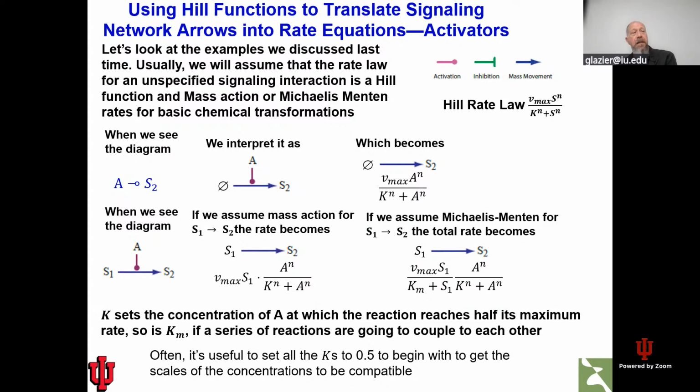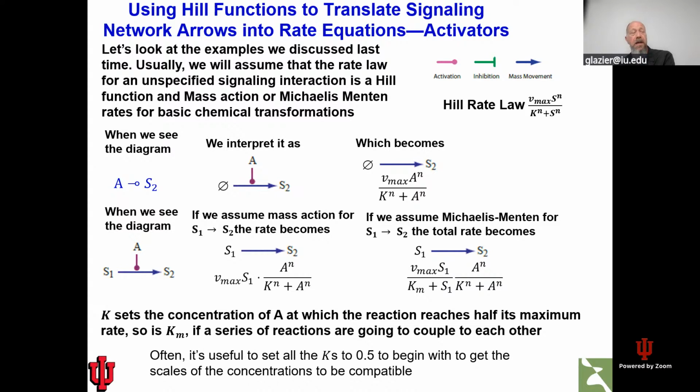If we use K to the n equal to a half, then if A is less than a half, we basically don't get any reaction. If A is bigger than a half, we get a reaction. And suppose Vmax was always set to 1. Then A to the n over K to the n plus A to the n is a number always between 0 and 1. And it will have a value of a half when K to the n is equal to a half.